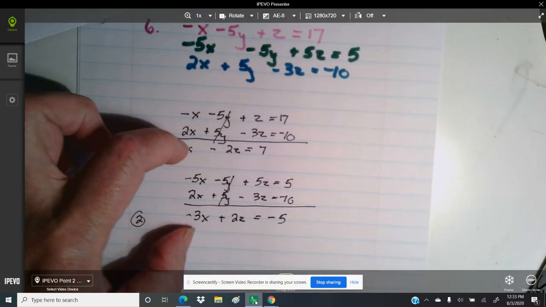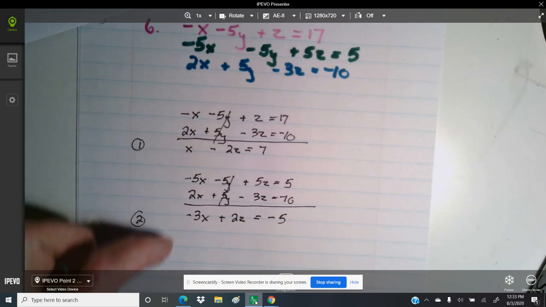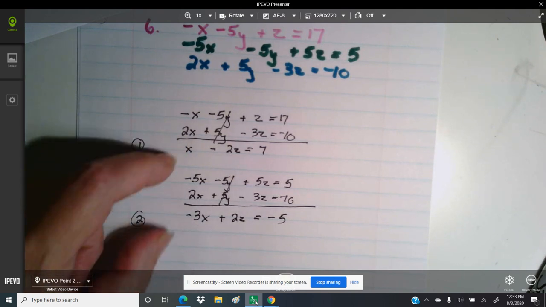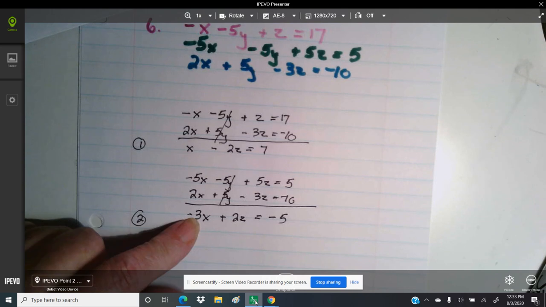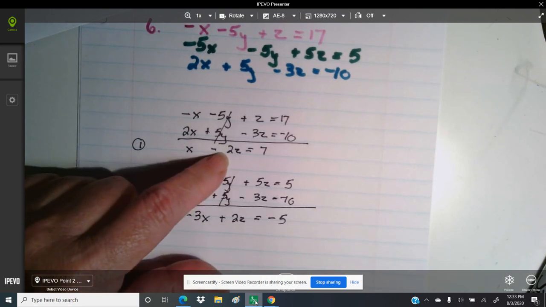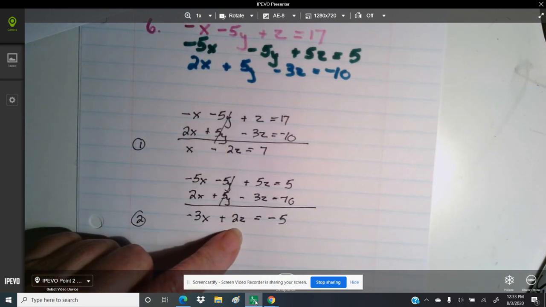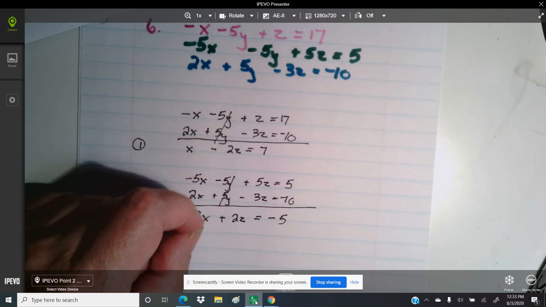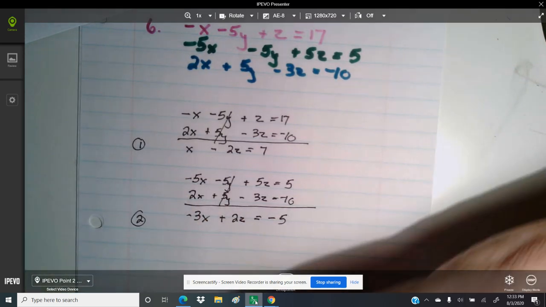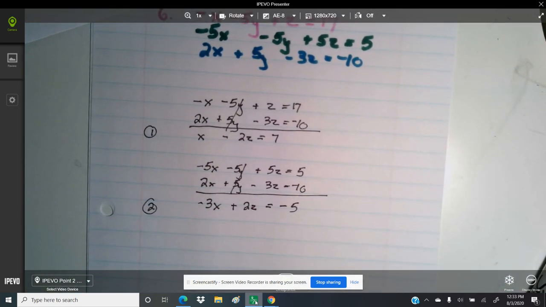So now I'm going to work with those two equations and eliminate one variable. Well, once again, if I look at the variables, the x's don't easily cancel out, but boy, these z's would cancel out very easily. So I'm going to put those two equations together and cancel out the z's.